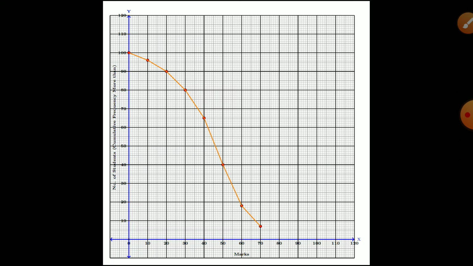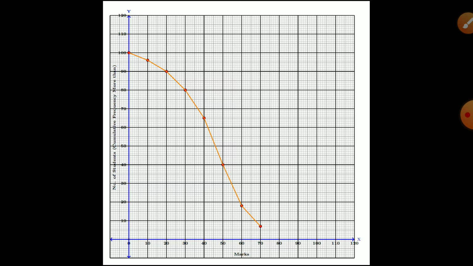The values on the y-axis are decreasing, not increasing. So this is the Ogive curve, or more than cumulative frequency curve.